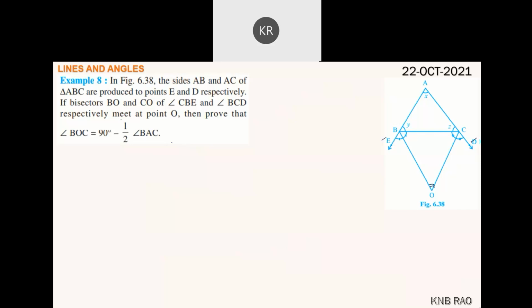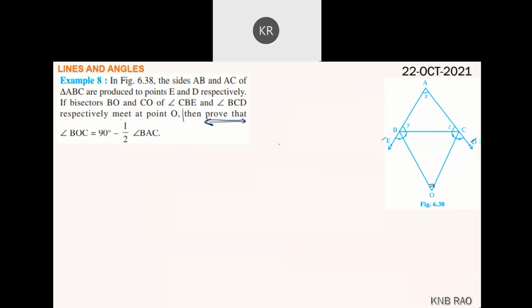How to prove this? Now they may ask you this way. They will not ask you to prove, they will give you options. Angle BOC is equal to 90 minus half BAC, 90 minus half ABC, 90 minus half ACB.